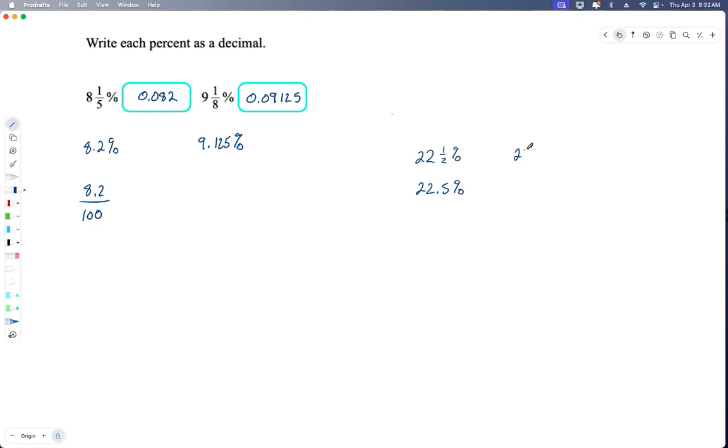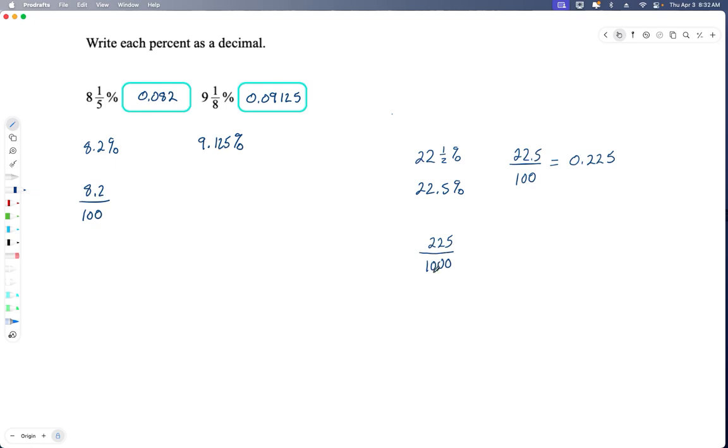So that would be 22.5 divided by 100, which would equal 0.225. We look at our place value here. This goes from tenths, hundredths, thousandths. So we would have 225 over 1,000, right? 1, 2, 3 places, 1, 2, 3 zeros.